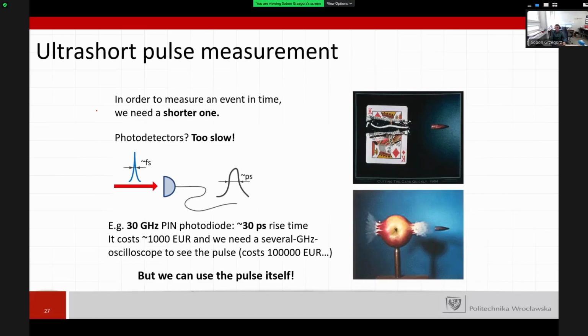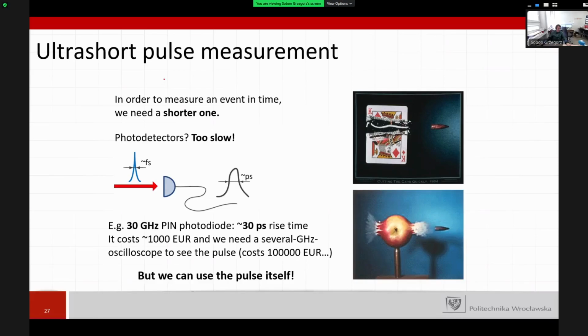So in humans, there are some chemical reactions that occur in the time scale of maybe 200 femtoseconds, but in the eye, in the retina of the eye. But the laser pulses can last for a couple of femtoseconds, which is an enormously short time.